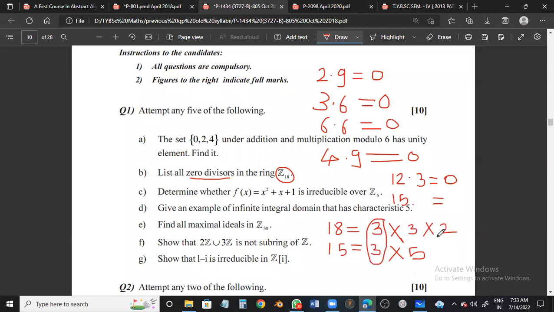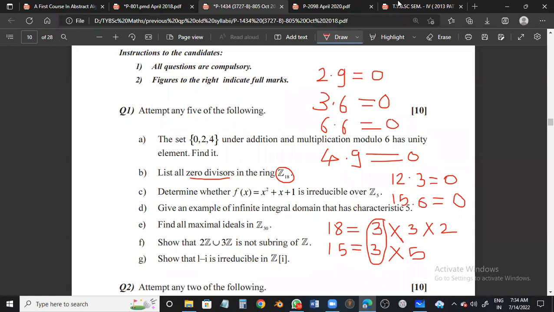It lacks 3 into 2, so 6. So 15 into 6 will be what? 90. And 90 is divisible by 18. We are finding out the LCM of the two numbers. So I think it is quite an easy and useful link for you.